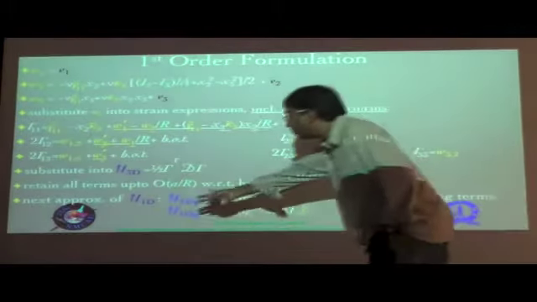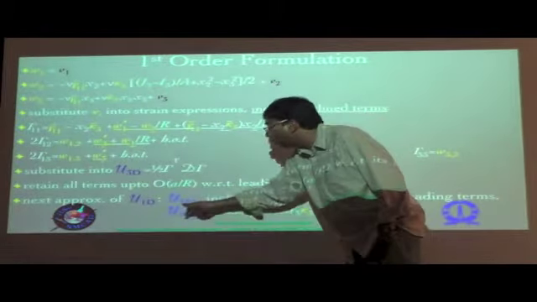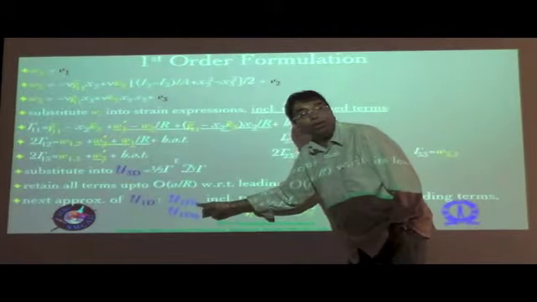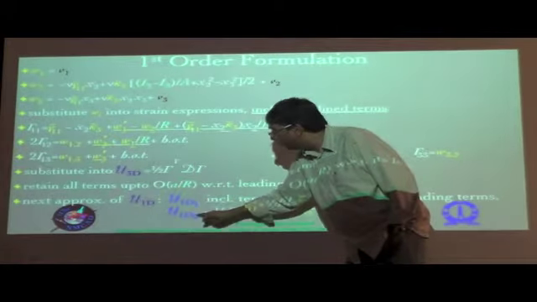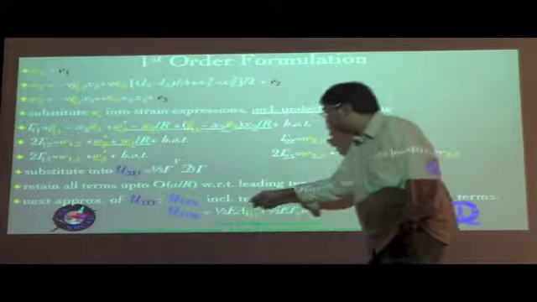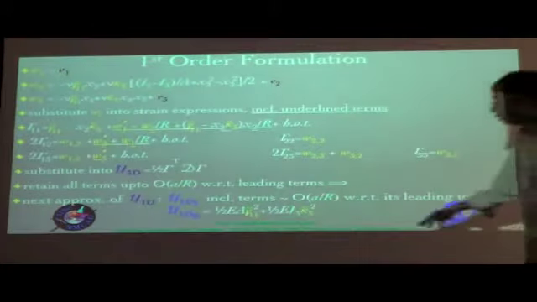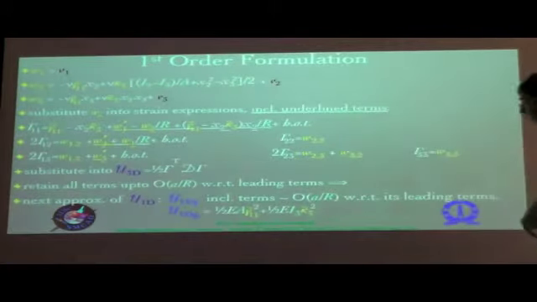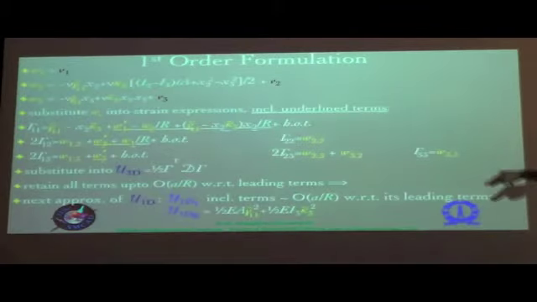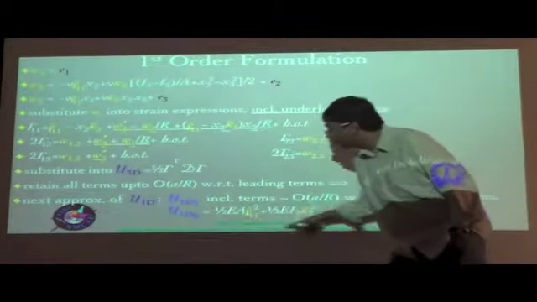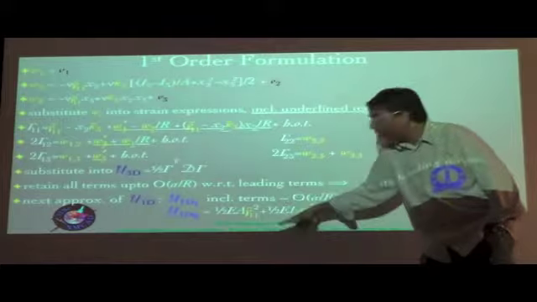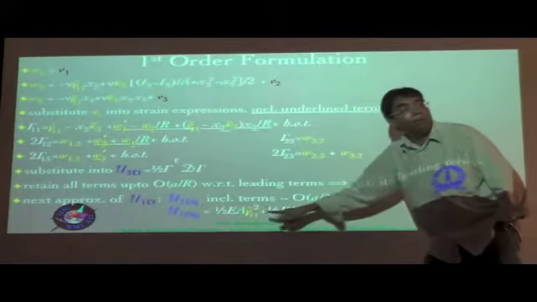So the next approximation of U1D, we will denote as U1D subscript 1 to distinguish it from U1D naught, which was the 0th order approximation. This will include terms of the order A by R with respect to its leading terms, and those leading terms of course gave the classical theory that we already got in terms of extension and bending.